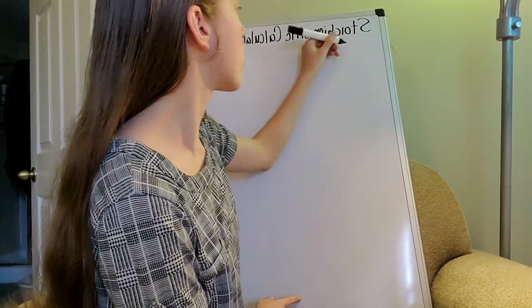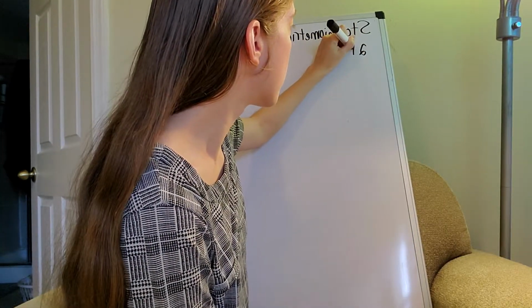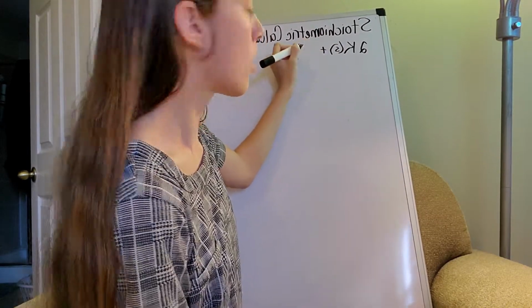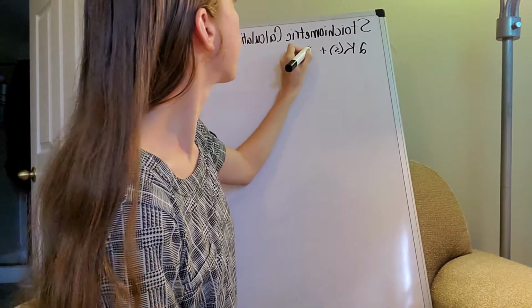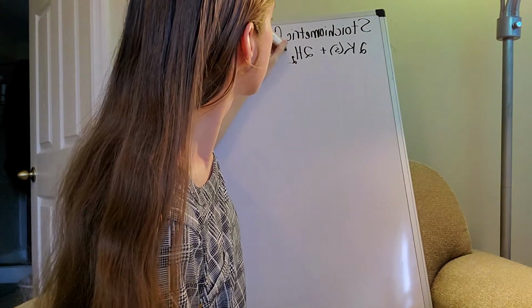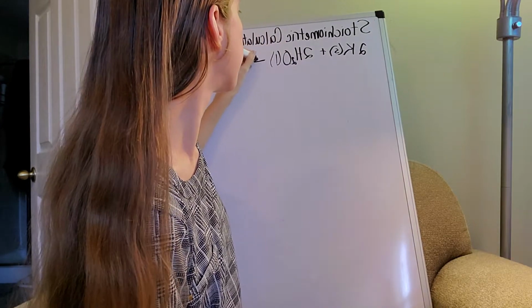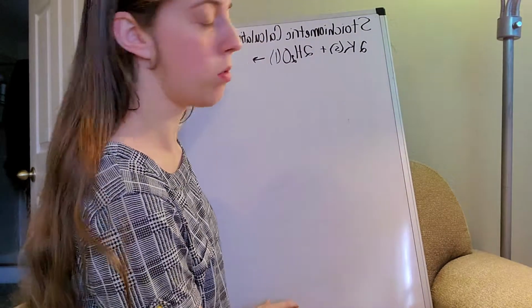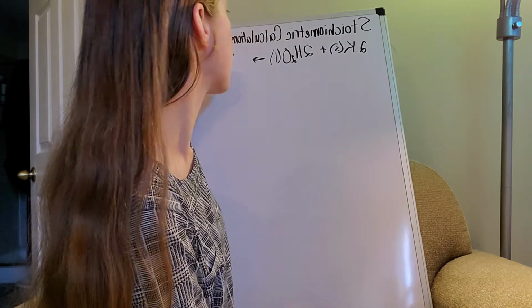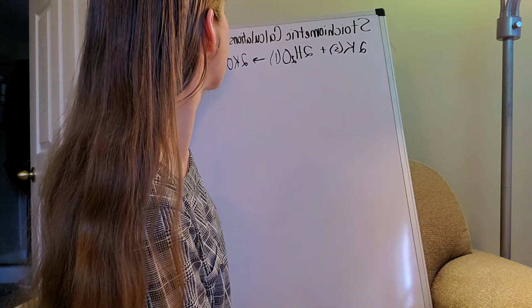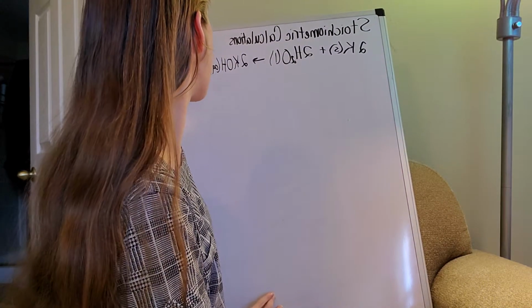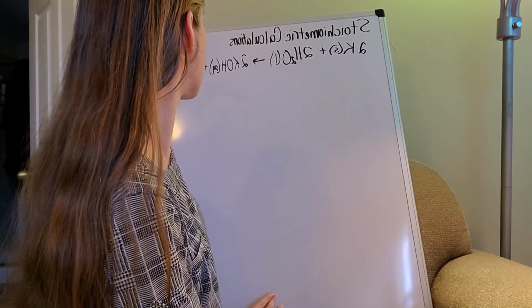So I'll write out the reaction for you. Let's say your balanced equation is going to be potassium plus water, which is a liquid, and that is going to lead to potassium hydroxide, which is aqueous, and hydrogen gas, which is H2.